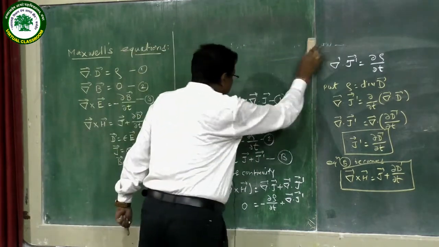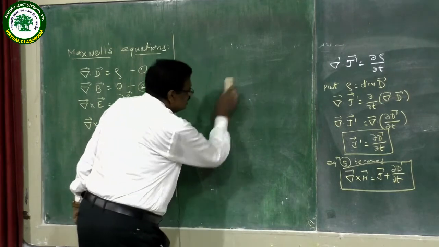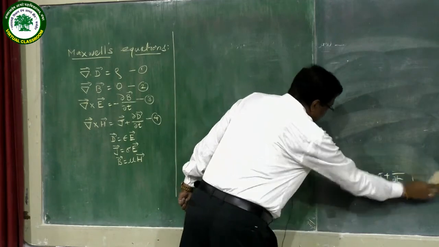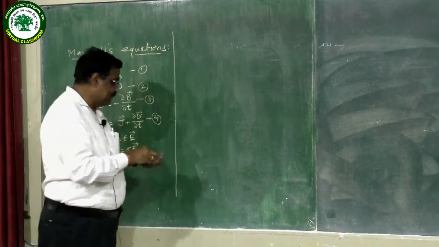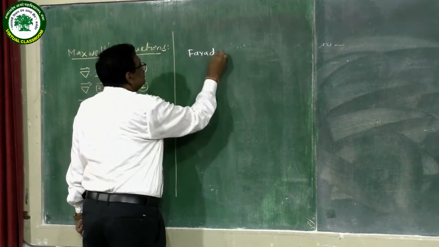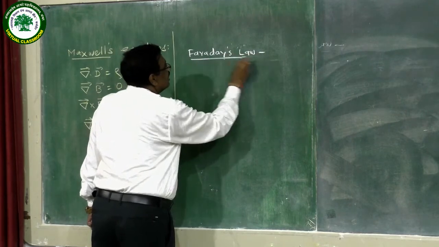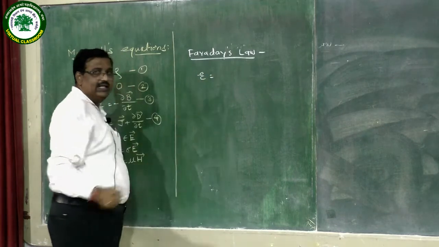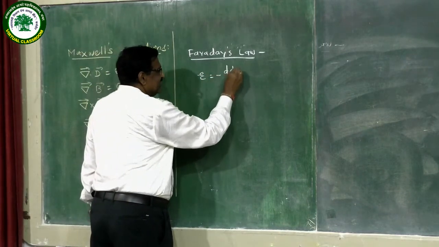So how should it be obtained then? The proof of this equation can be easily derived from Faraday's law of electromagnetic induction. According to Faraday's law, the induced EMF, suppose it is indicated by E, is always equal to the negative rate of change of magnetic flux, right?